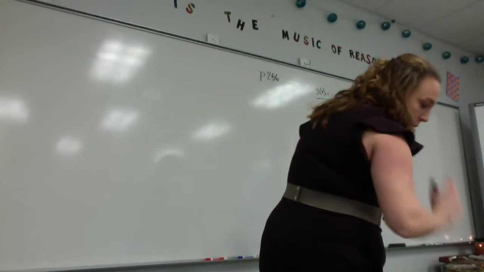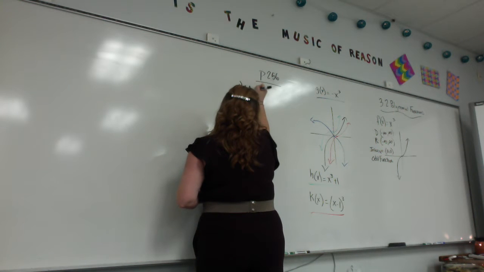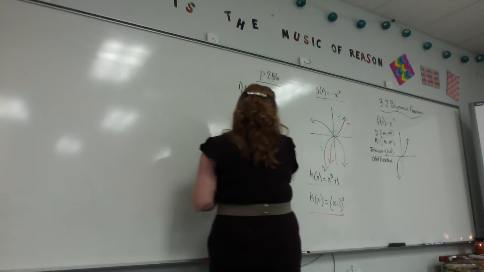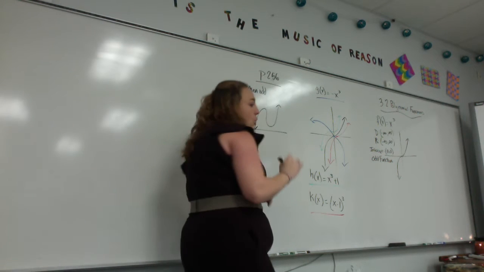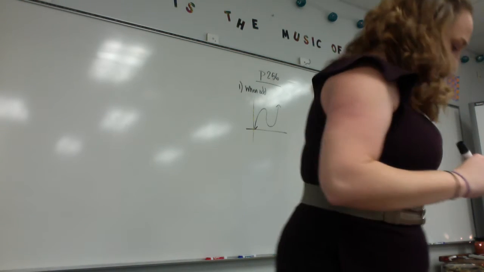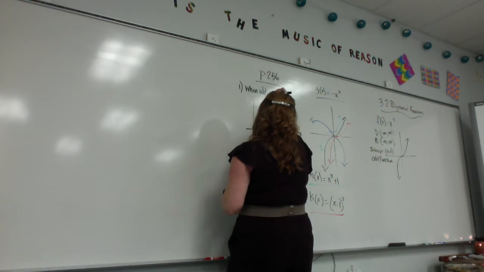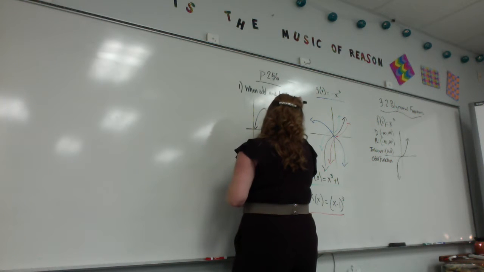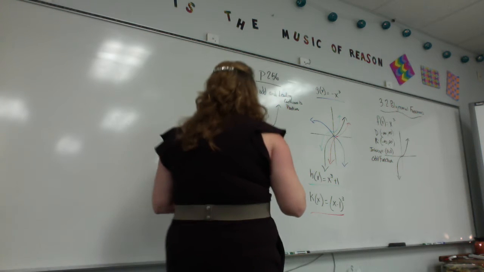Okay, so when my function is odd, my function's going to look more like an N. When it is odd and the leading coefficient is positive, it's going to look like that.